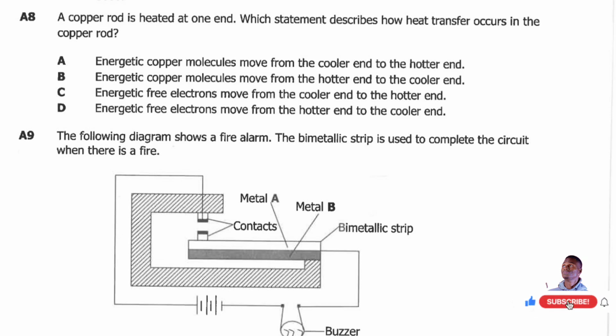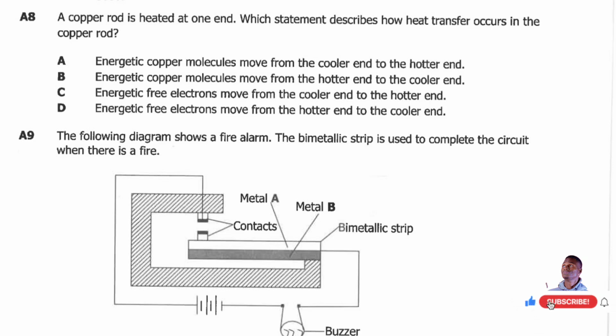A, the energetic copper molecules move from the cooler end to the hotter end. No. B, the energetic copper molecules, are these even molecules? They're not molecules, these are free electrons. So A and B automatically are not correct options.